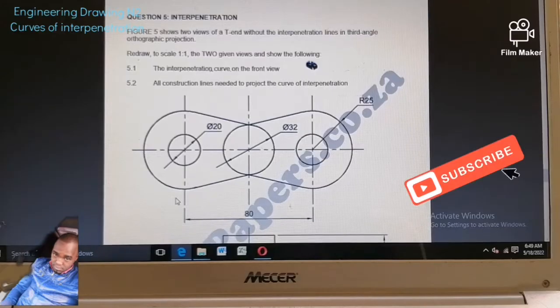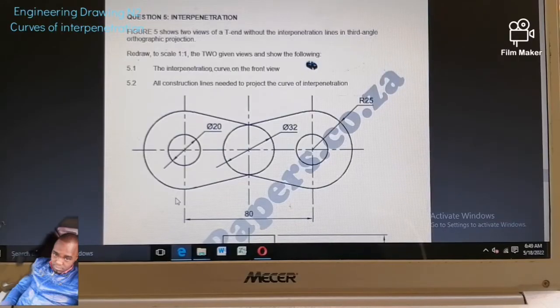So the question reads as follows. I've tried to put my camera very well because I don't have a printout of this one; I'm retrieving it right from the computer. Figure 5 shows the two views of a T end without the intersection lines in third angle orthographic projection.